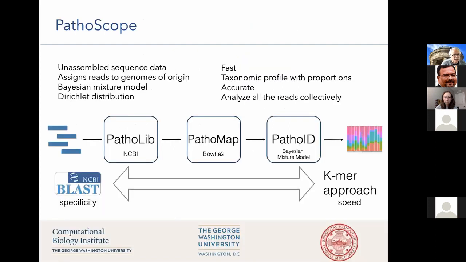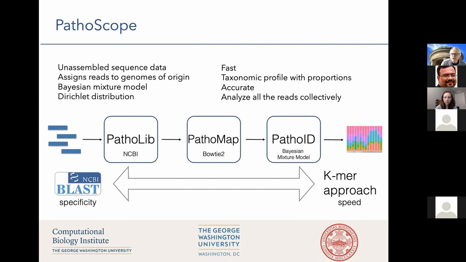And the basic concept of Pathoscope is it's a k-mer-based approach, much like the approach that Rita Caldwell talked about earlier, where we just take a bunch of these raw metagenomic shotgun sequence reads. We create libraries from NCBI, and we map those reads against the library with Bowtie 2, like all good bioinformaticians. We don't reinvent the wheel when it's out there rolling along reasonably well.